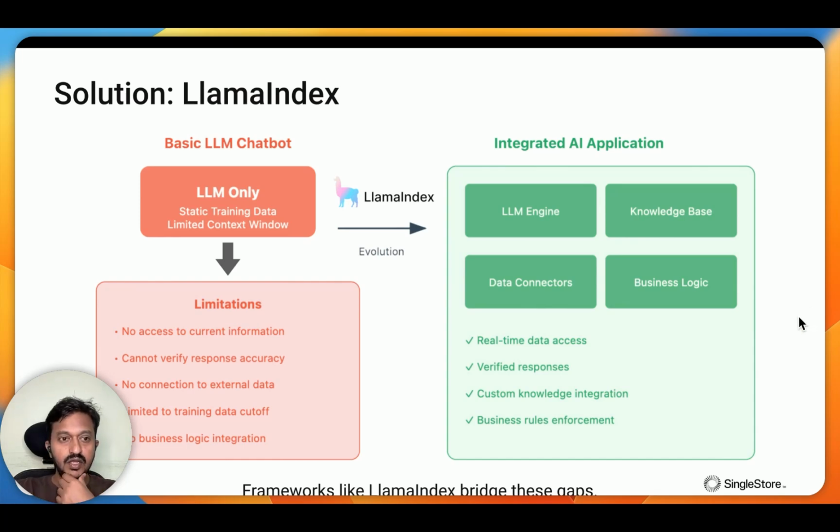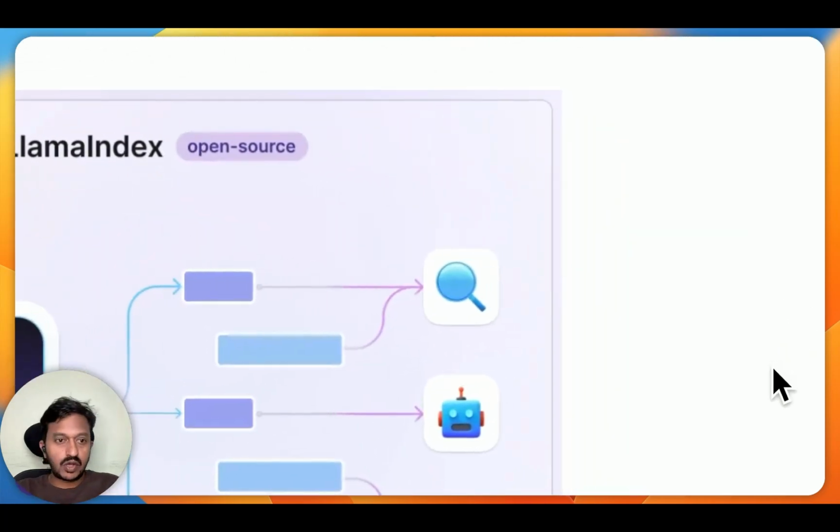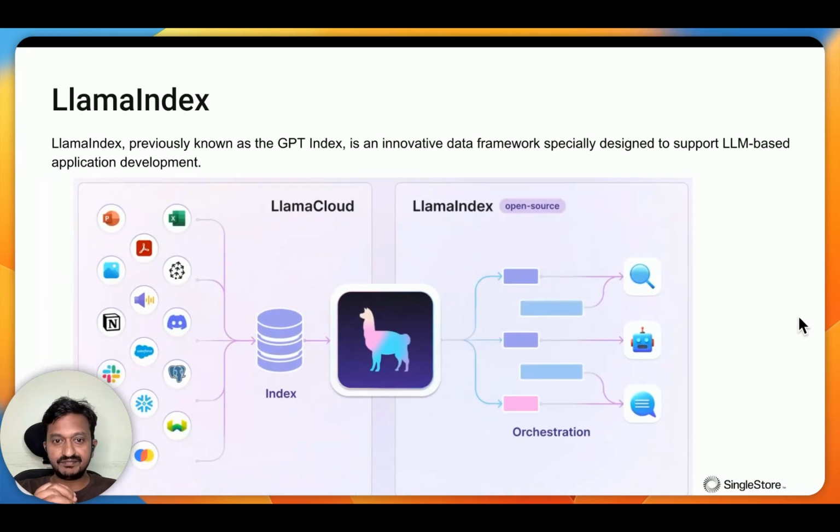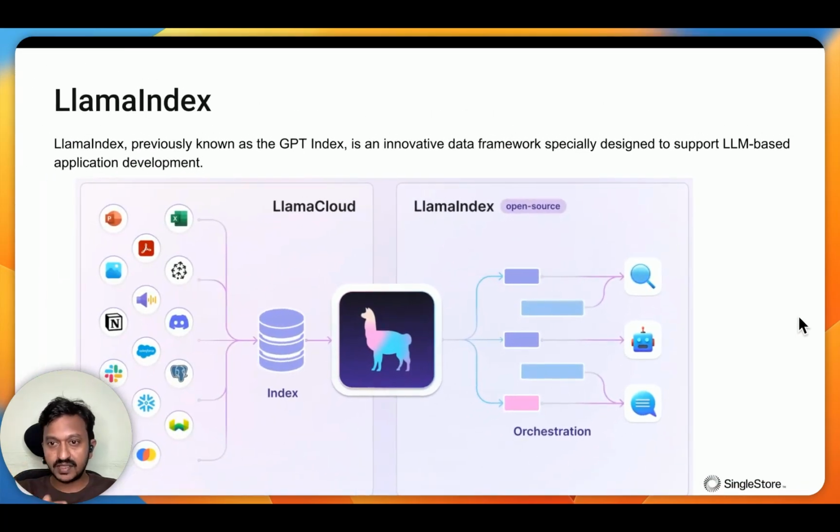Okay. So let's talk about LlamaIndex, previously known as GPT Index. It's an innovative data framework, especially designed to support LLM-powered applications, where you can use your own data, ingest it, and build custom applications around it.